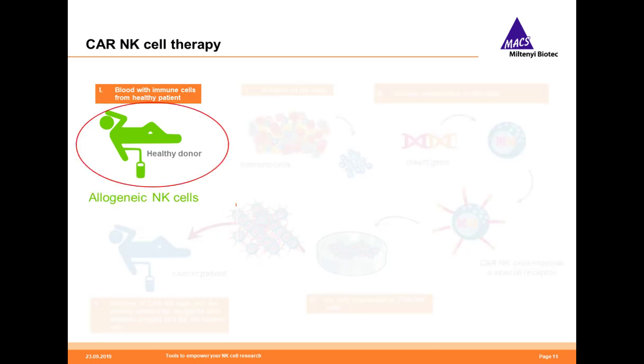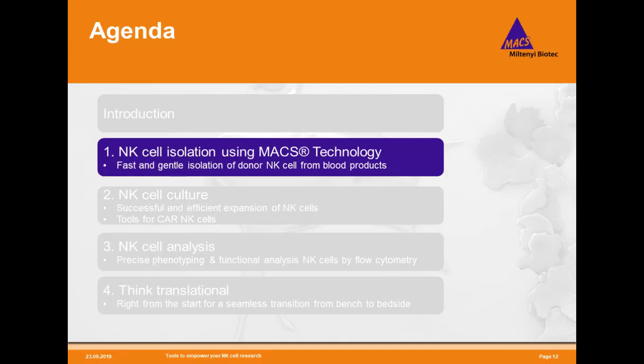First of all, you can use allogeneic NK cells from a healthy donor. And this is one of the main advantages. However, there are also more, including better killing, or also using all these different mechanisms of killing that I explained to you before.